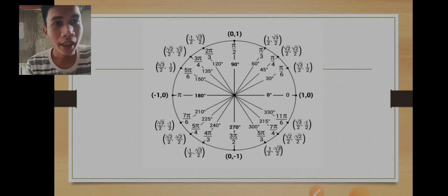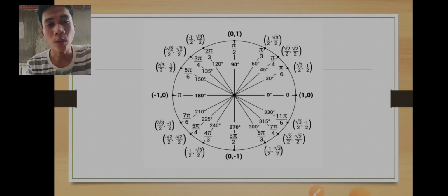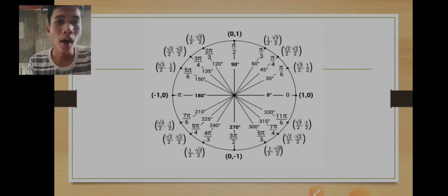At 240 degrees or 4 pi over 3, the cosine is negative 1 half and the sine is negative square root of 3 over 2. At 270 degrees or 3 pi over 2, the cosine is 0 and the sine is negative 1.